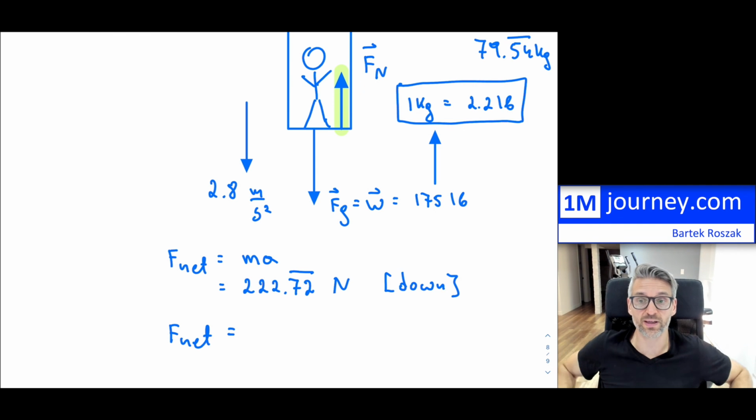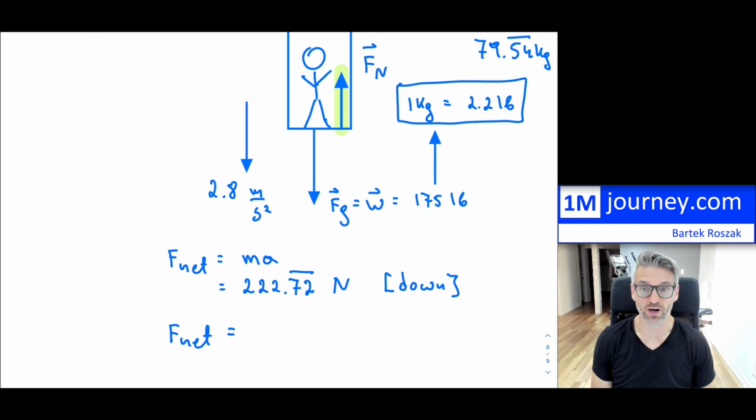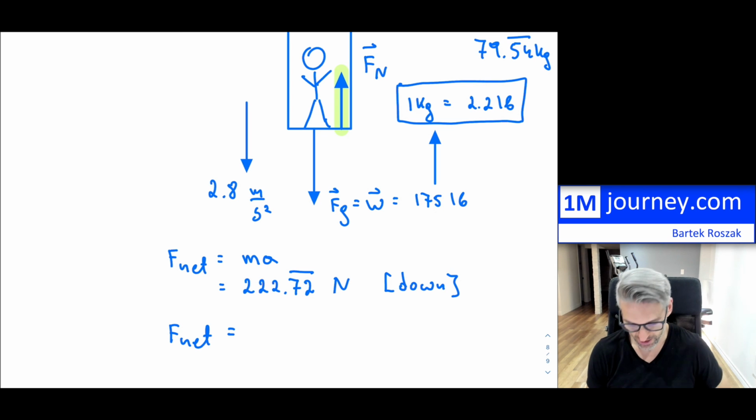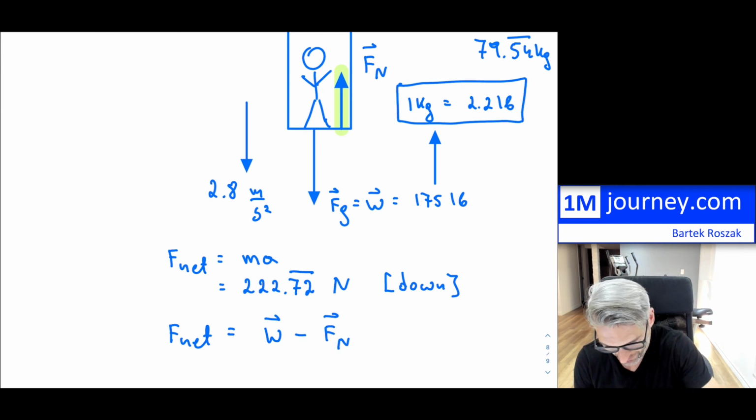If you assume that down is negative and up is positive, then the 2.8 meters per second squared would have been actually negative, if you did that as a convention. I'm going to just assume that down is positive. So if down is positive, then this is going to be equal to the weight minus the apparent weight. We're after this. This is what we really want.